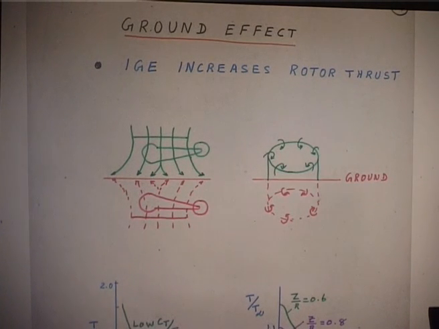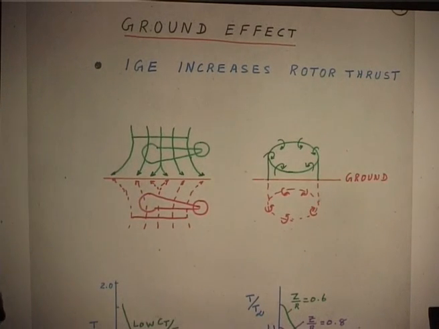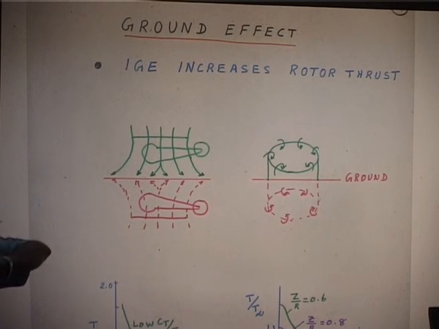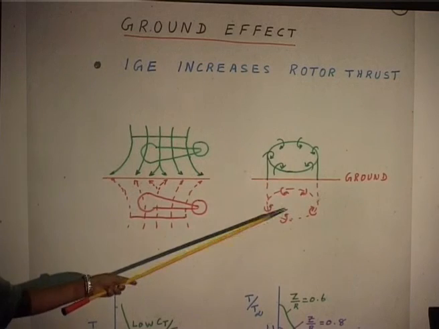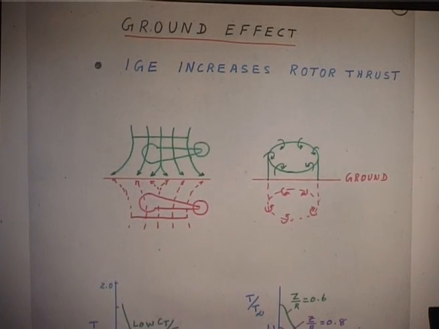Now, this particular thing is idealized very simplistically. Your rotor inflow: you put a mirror image here, because this is a method of mirror image. You put another, as though a fictitious rotor is rotating beneath the ground, such that both of them are giving an inflow.